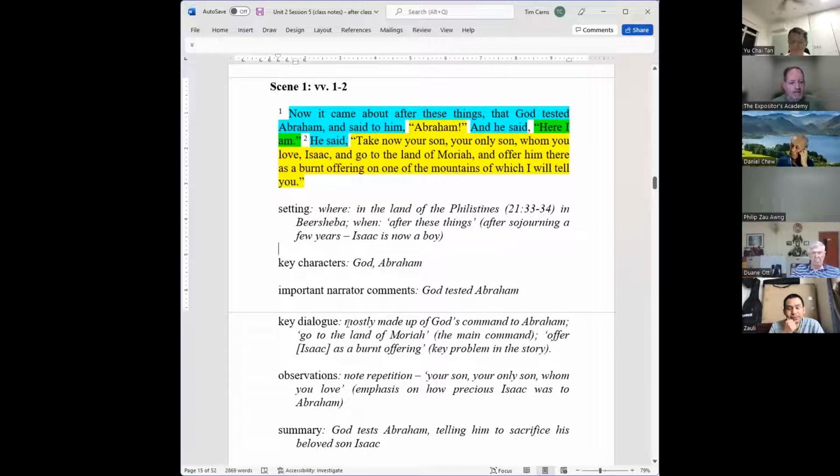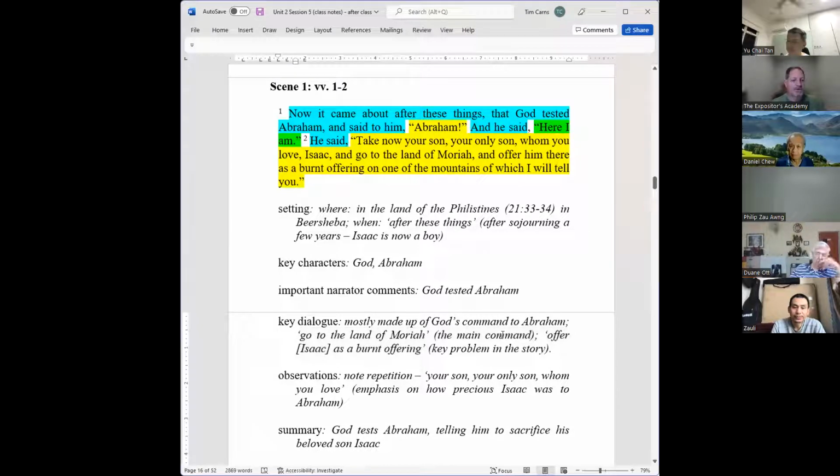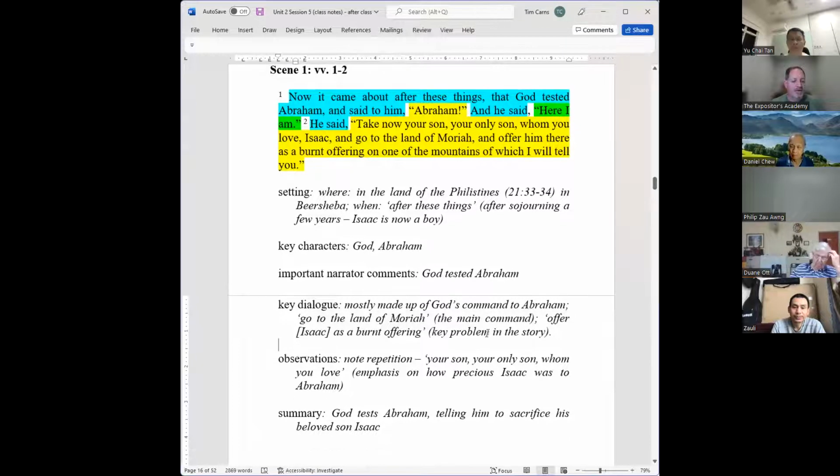The key dialogue. In looking at what each character said, here I'm just looking at what God said and what Abraham said. We identified a couple of statements: go to the land of Moriah, that's the main command, and then offer Isaac. That presents a problem here in the story, of course. We had made a couple of observations. I think you, Chai, had noted this before, the repetition, the emphasis on Isaac as his son, his only son whom he loved, and we see that later in the story.